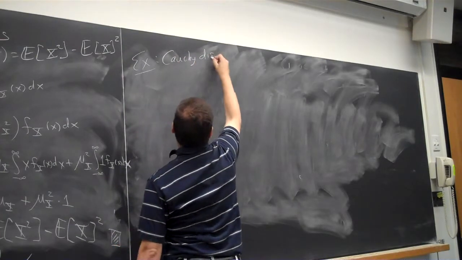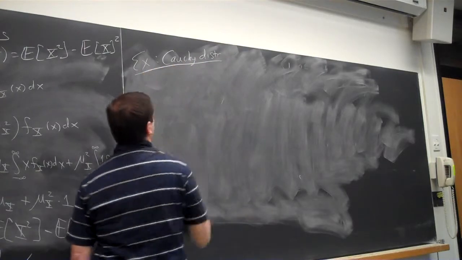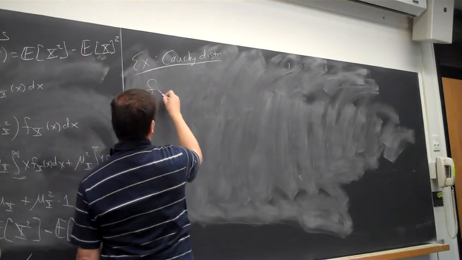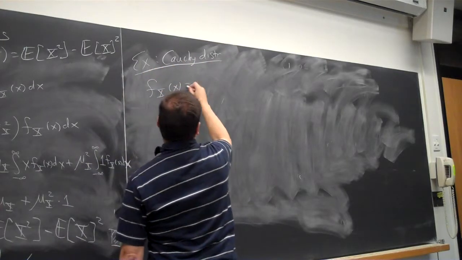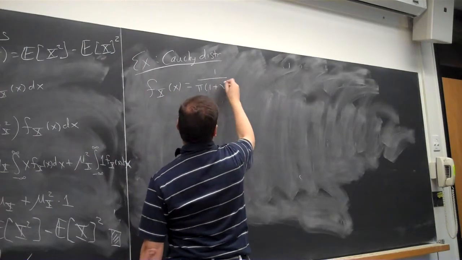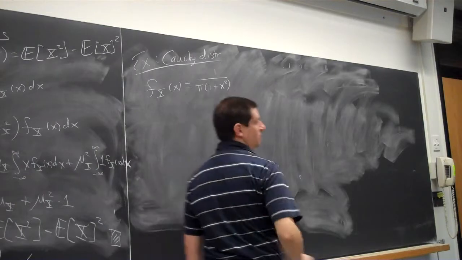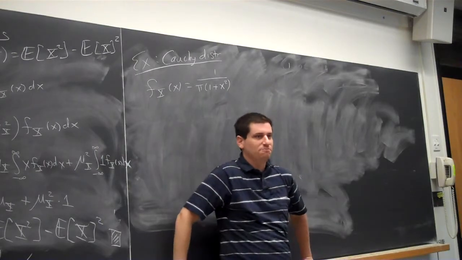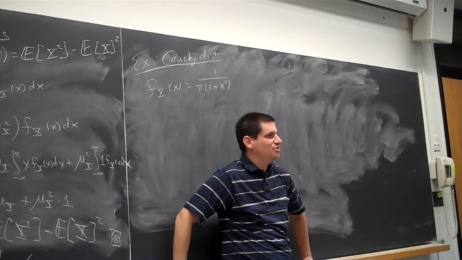Cauchy distribution. So its density function is 1 over pi times 1 plus x squared.